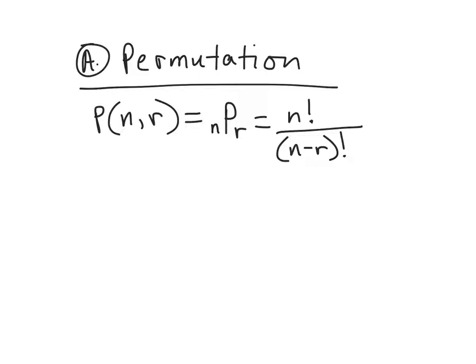So, let's say that we had something like this, a permutation of 8 things taken 5 at a time. How could I figure out what that's equal to? Well, my n is 8 and my r is 5.